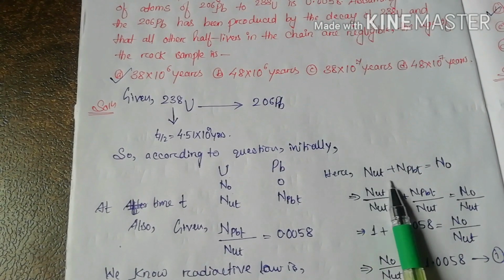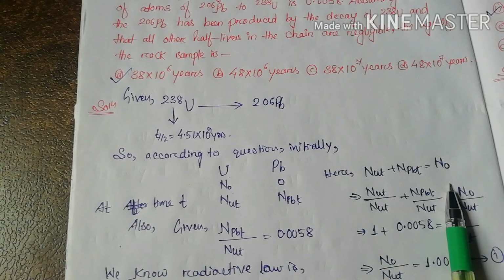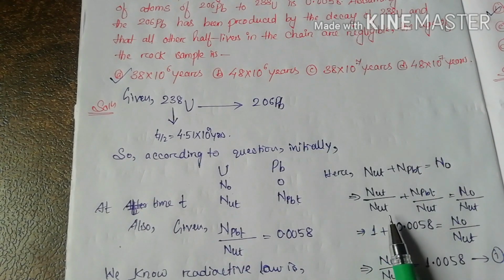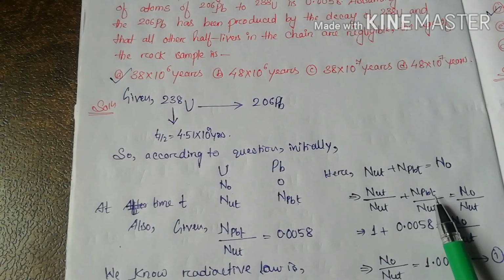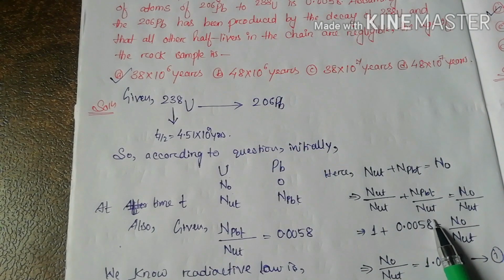Now if we divide both sides of this equation by N_U(t), this gives us 1, and N_Pb(t) by N_U(t) is equal to 0.0058.